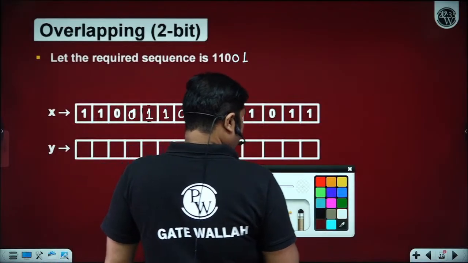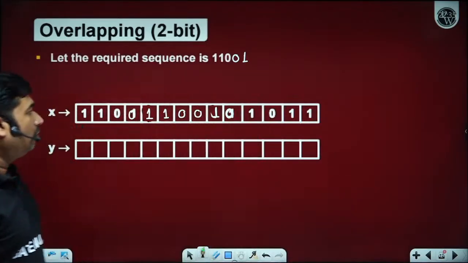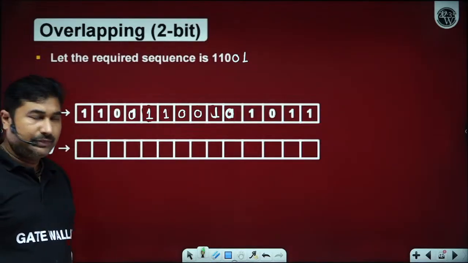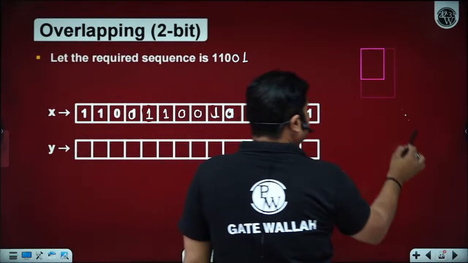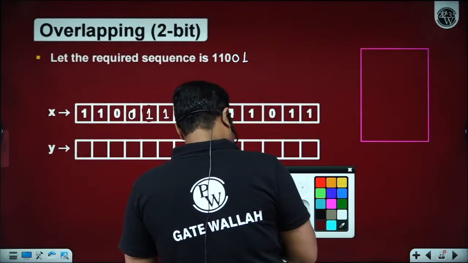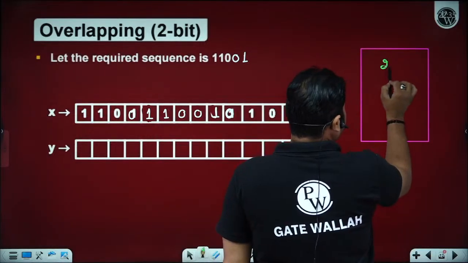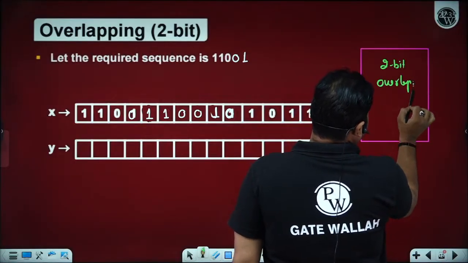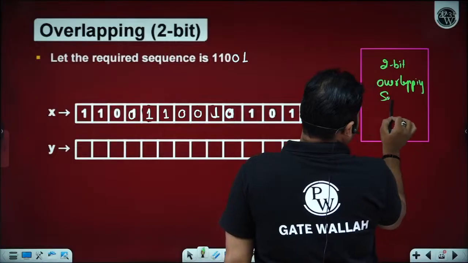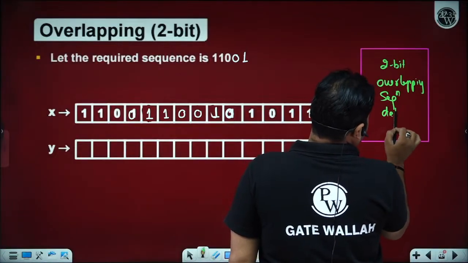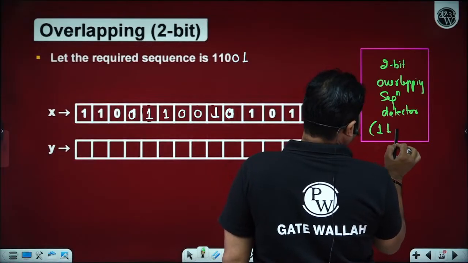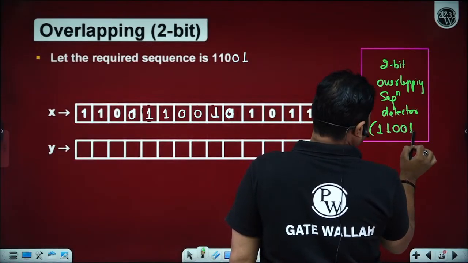Okay. Can you now tell me what will be your output Y? Again, we have a sequence detector. Now we have a 2-bit overlap sequence detector to detect the sequence 11001.